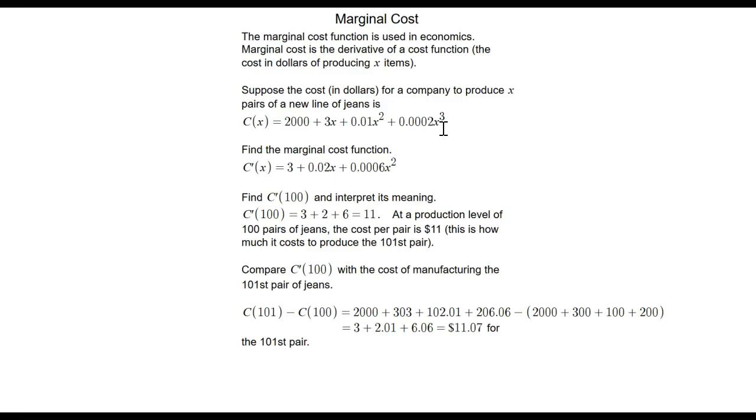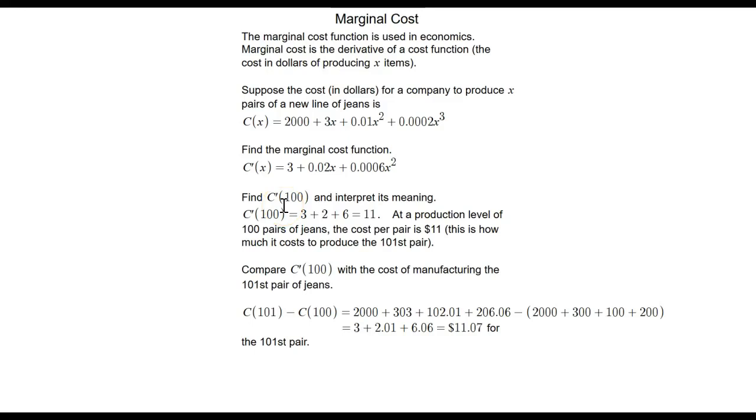So for instance, my cost to produce 100 pairs of jeans is different than my cost to produce 67 pairs of jeans, and not just because I'm producing fewer jeans, but there are other factors that go into manufacturing that actually change other quantities.